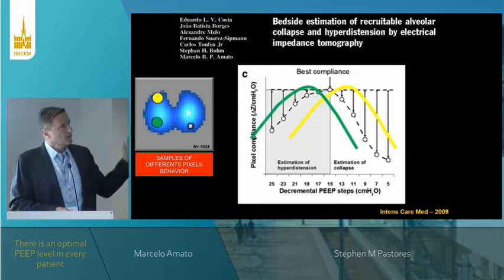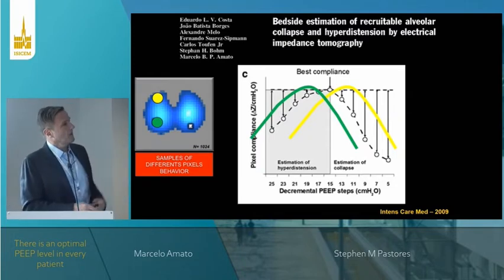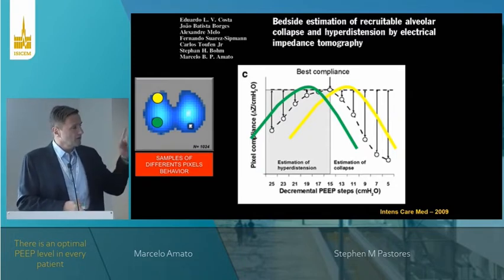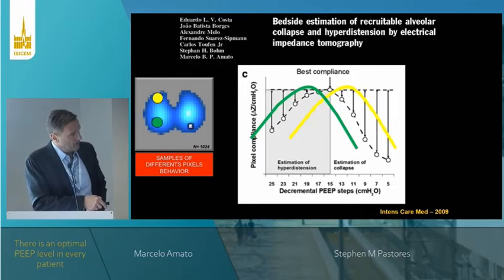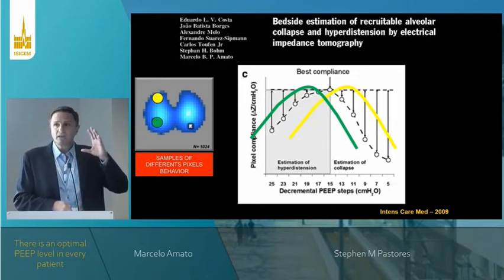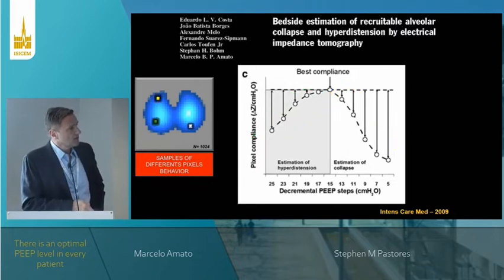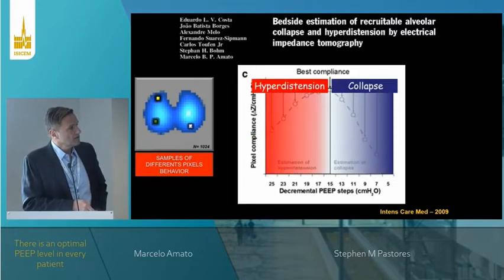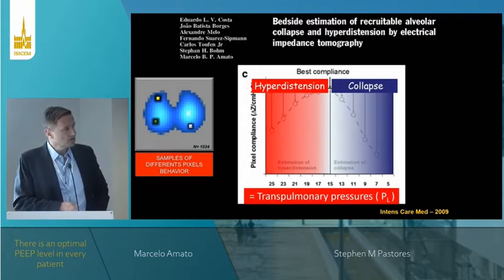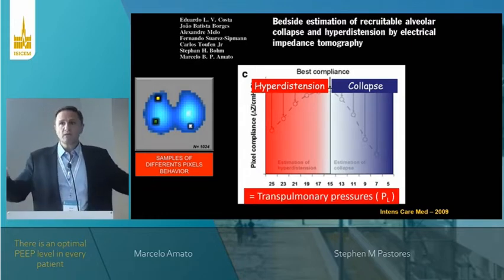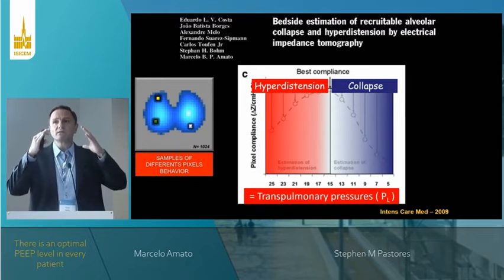So it looks like the curves are moving, because the x-axis here is PEEP, but let's make it easier. Let's put the same axis for all the pixels. Let's put transpulmonary pressure, and then all the pixels get collapsed into the same curve.